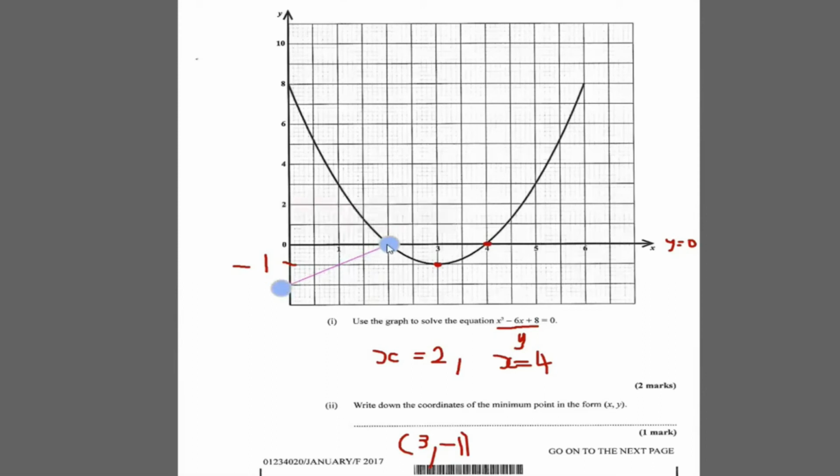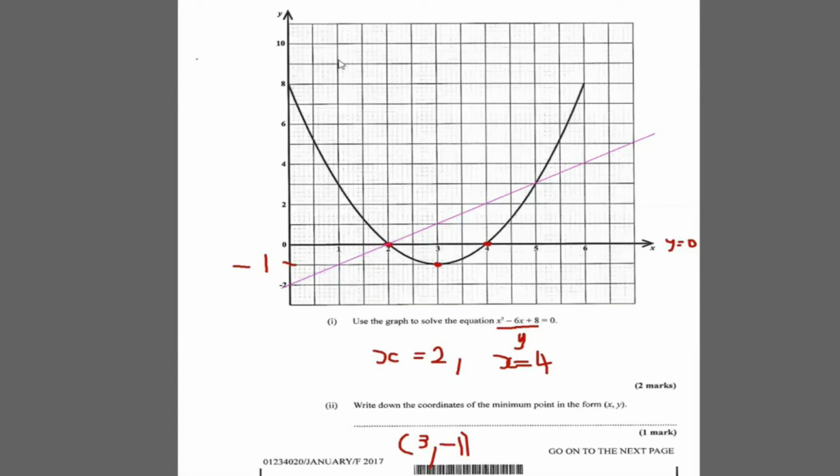Run 1, rise 1. Run 1, rise 1. And so that's the graph of x minus 2.